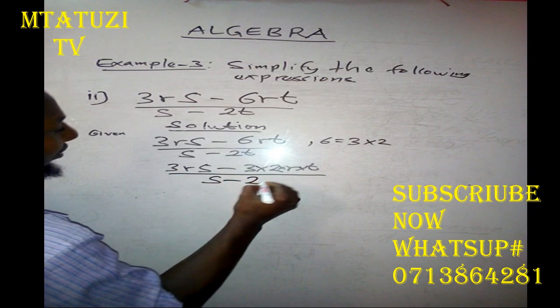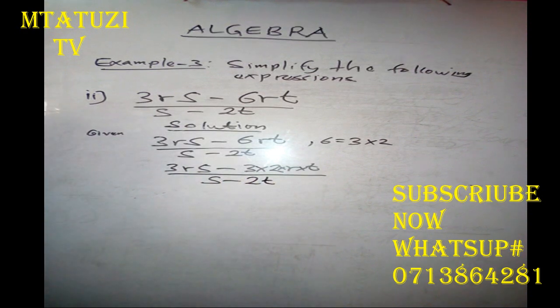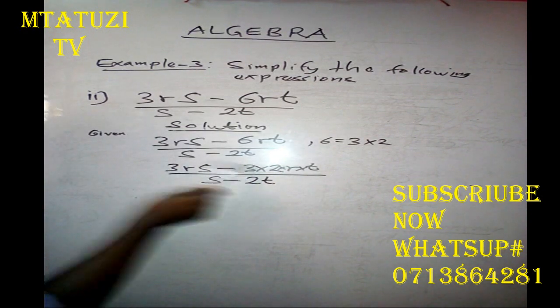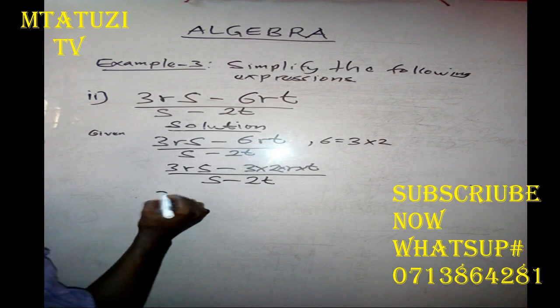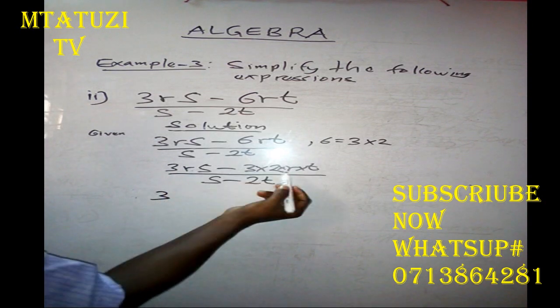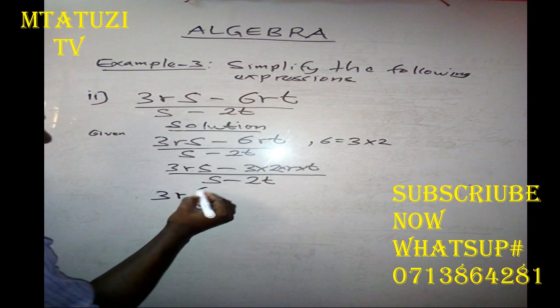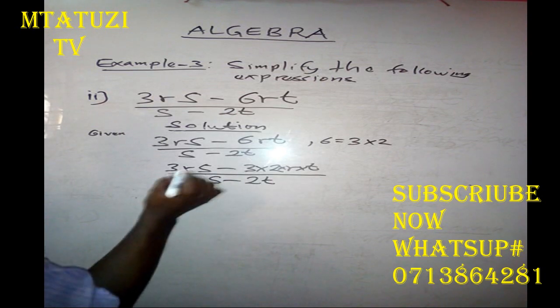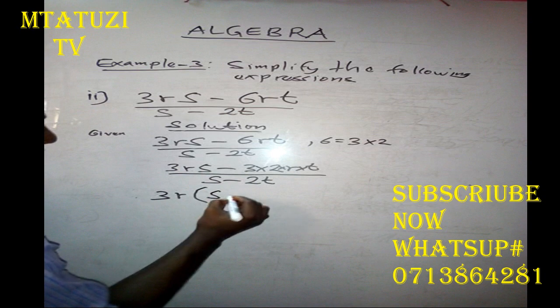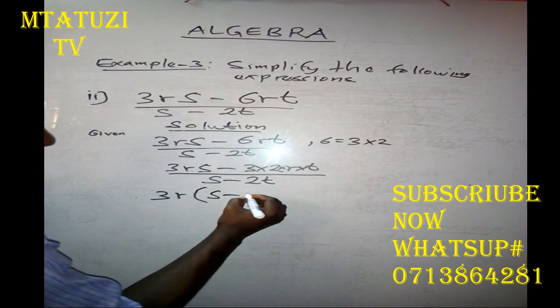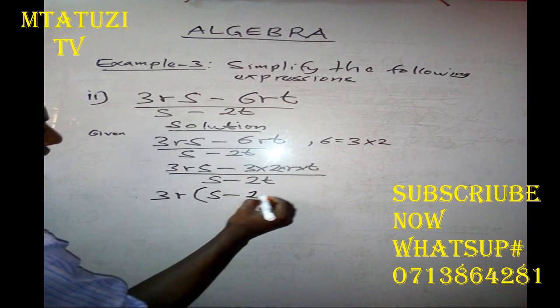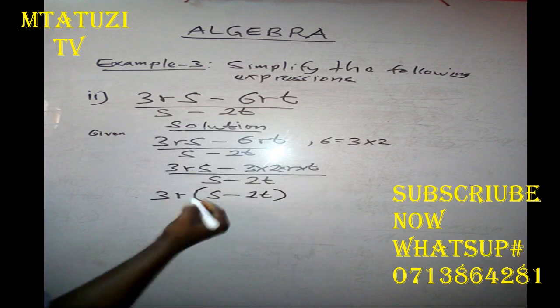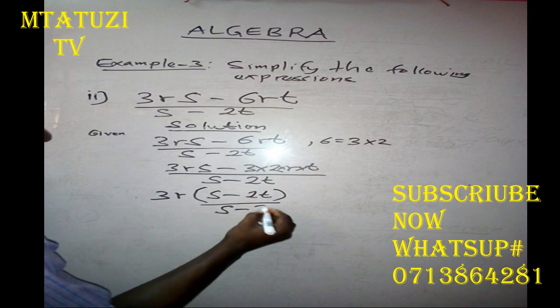All divided by S minus 2T. So now we factor out. We take this 3 and this 3 out, and then we take R and that R out. Inside the bracket, what remains in the first term is S, and in the other term remains 2T, because R and 3 were already taken out, divided by S minus 2T.